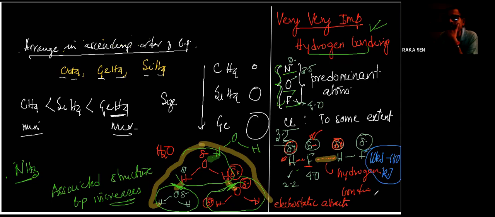So what we have done right now is we have talked about four different kinds of interactions that take place between individual molecules. We're talking about molecules, mind it, not atoms. Number one was Debye forces. The second one was dipolar interactions.